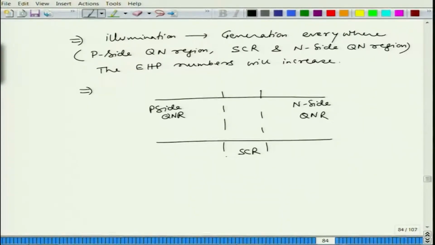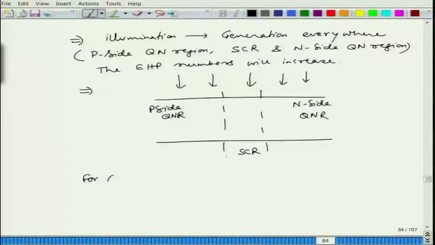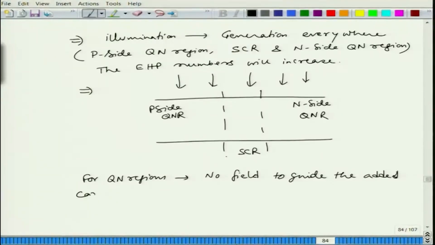So, when light falls, generation is happening everywhere, but for the quasi neutral regions there is no field to guide the added carriers generated.